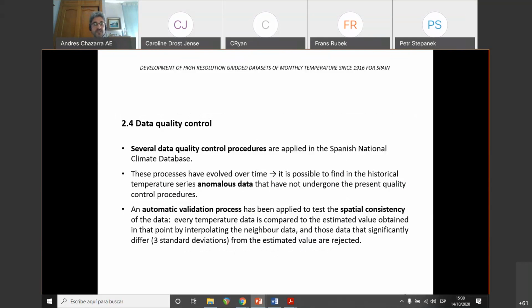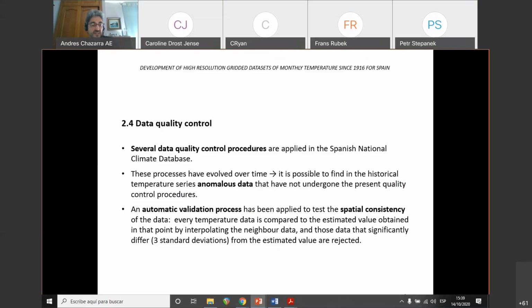Regarding the data quality control, in our climate database we apply several data quality control procedures, but as these processes have evolved over time, we can find in the historical temperature series anomalous data that have not undergone the present quality control procedures.